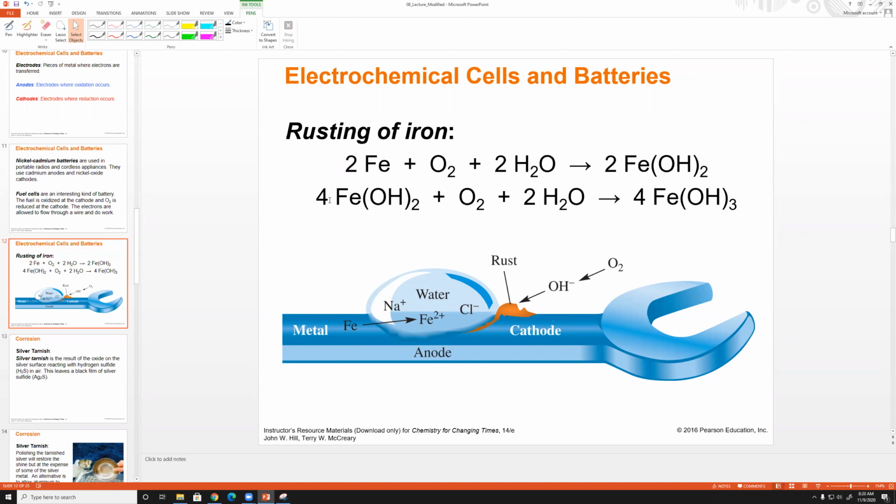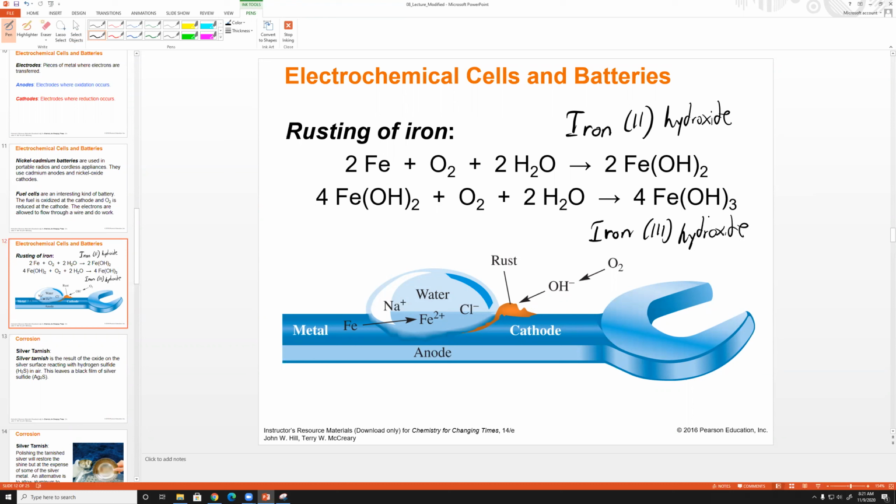And then that iron hydroxide could react more, from iron(II) hydroxide to iron(III) hydroxide. Remember we talked about when we went over naming, the one in the first equation would be iron(II) hydroxide because of the transition metal naming, and the bottom equation would be iron(III) hydroxide.